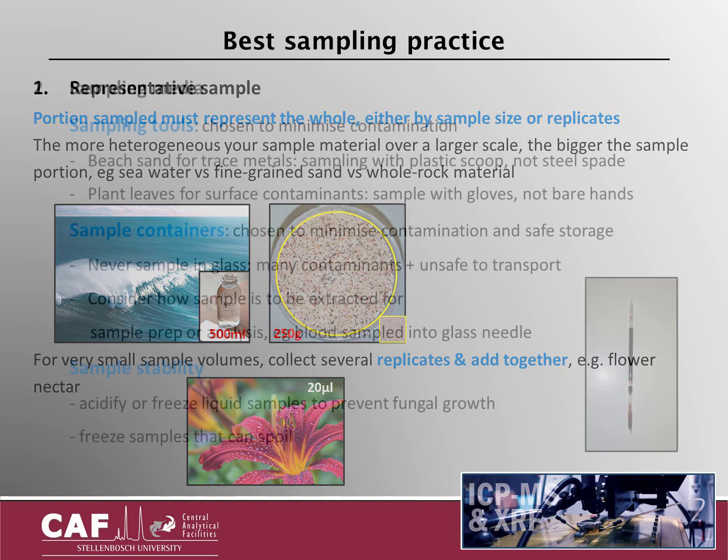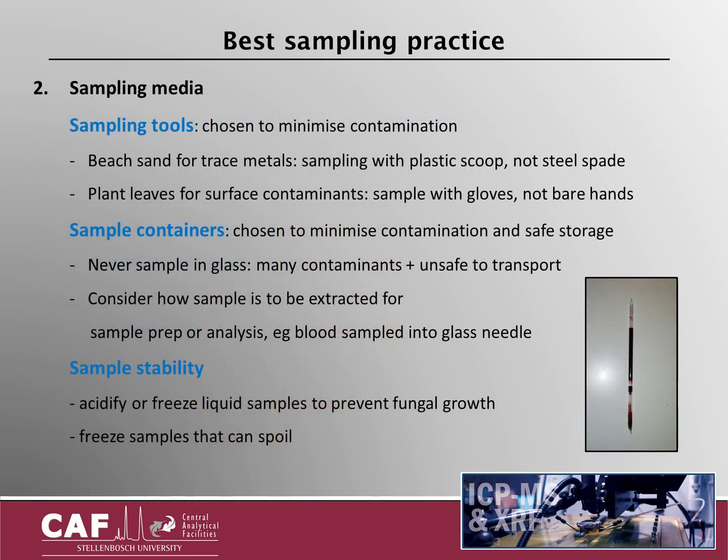Also very important is your sampling media, which refers firstly to your sampling tools. You have to choose your tools for sampling to minimize any contamination. For instance, if you are looking at beach sand for trace metals, you'll be sampling with a plastic scoop and not a steel spade. If you are looking at plant leaves for surface contaminants, you have to make sure that you wear gloves and not use your bare hands.